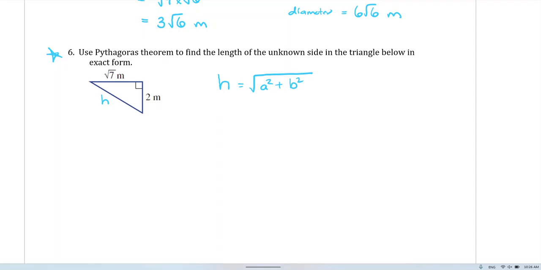If I substitute in, so I'm going to say a is the root 7 and b is going to be the 2, I would get square root of root 7 squared plus 2 squared. Root 7 squared, a squared and a square root, they undo each other, so that's just equal to 7. And then 2 squared is 4, so 7 plus 4 makes 11, so the answer is square root of 11.